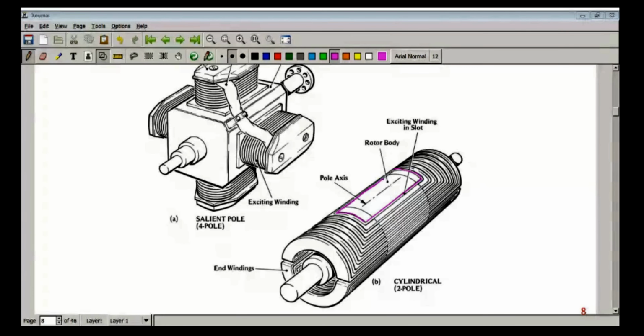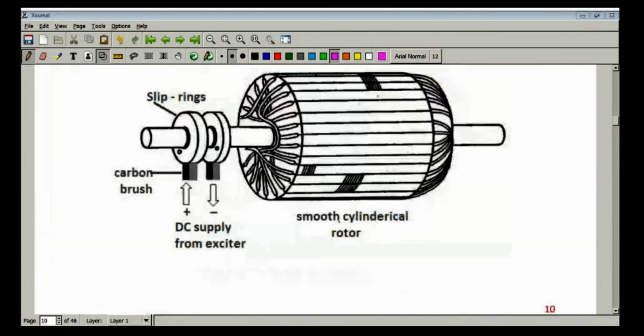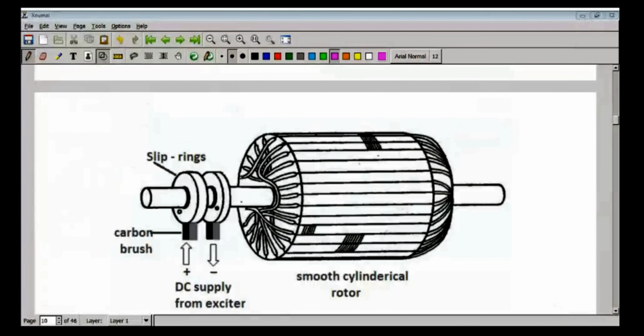I am tracing it over this. Then you have another field winding. So these are the field windings which are placed over the rotor, and these field windings will be connected to slip ring and brushes.